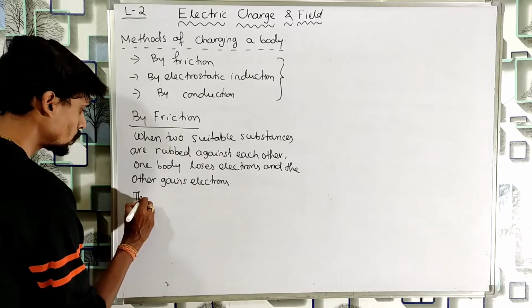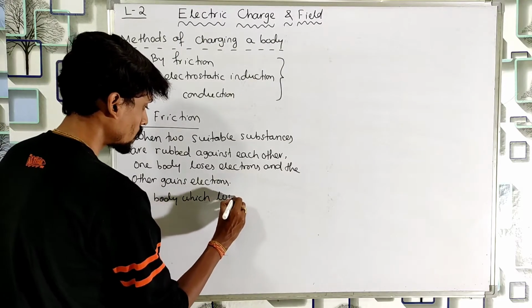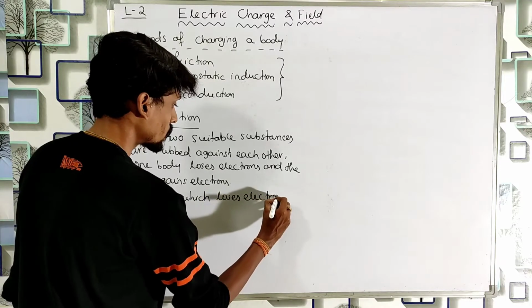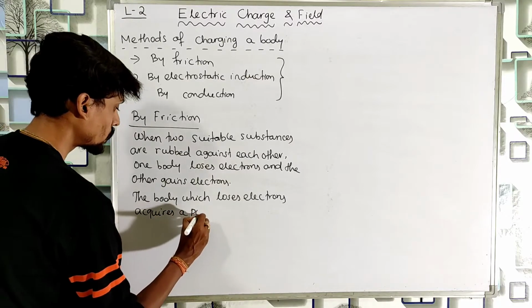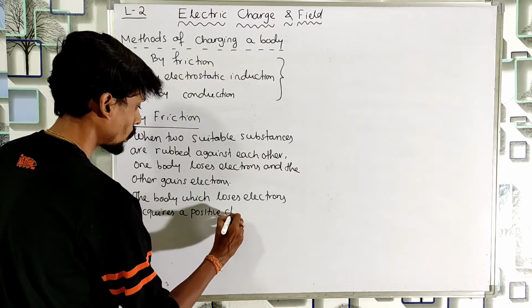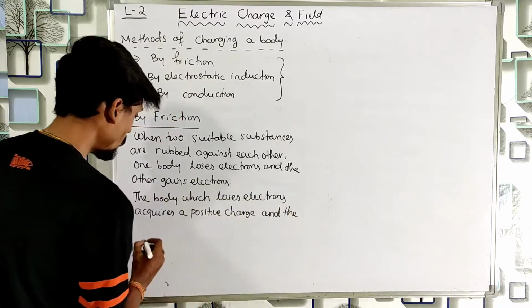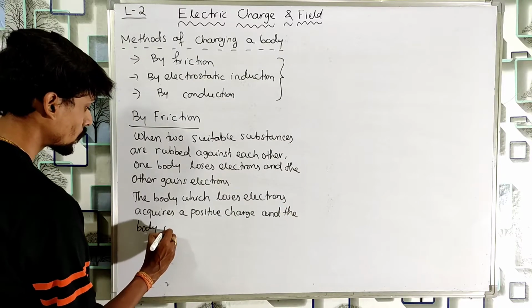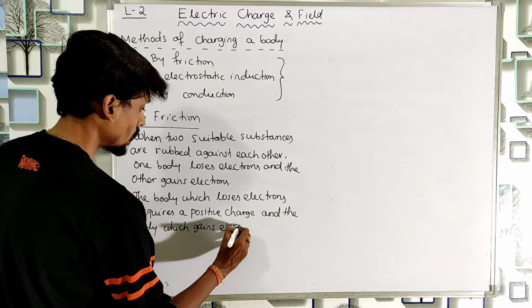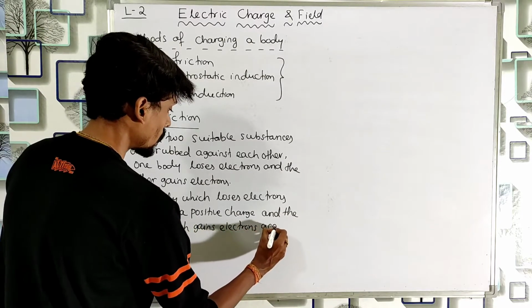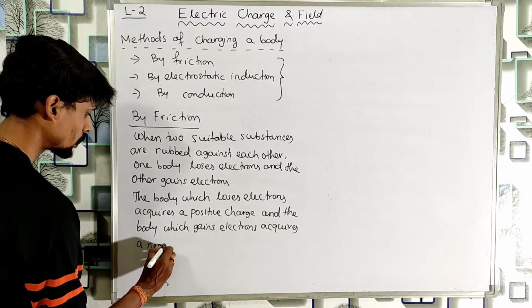The body which loses electrons acquires a positive charge, and the body which gains electrons acquires a negative charge.